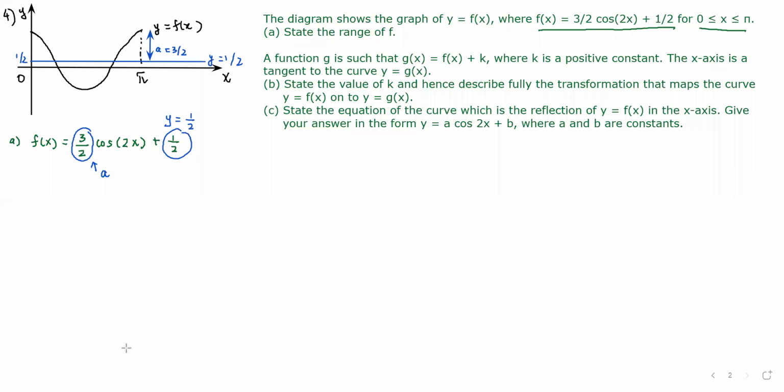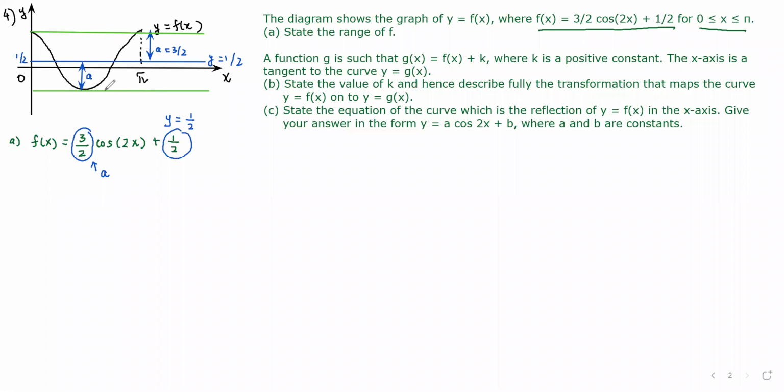And similarly, the distance between the sinusoidal axis and the minimum is also given by 3 over 2. So if you look at this graph here, you have a minimum value and a maximum value, which gives you the range of the function.